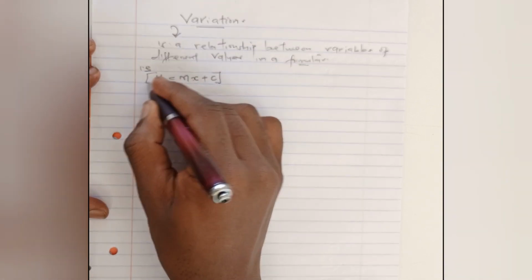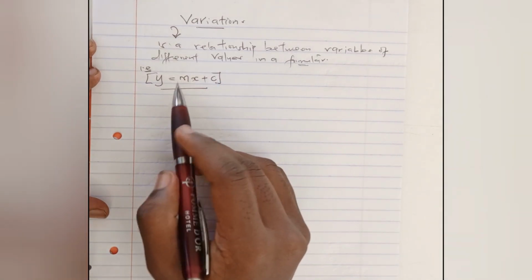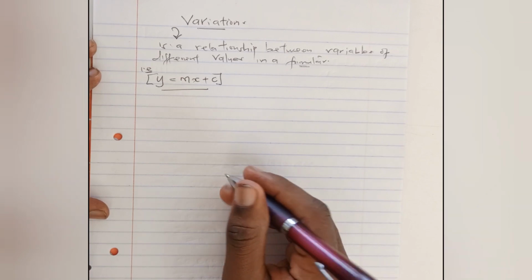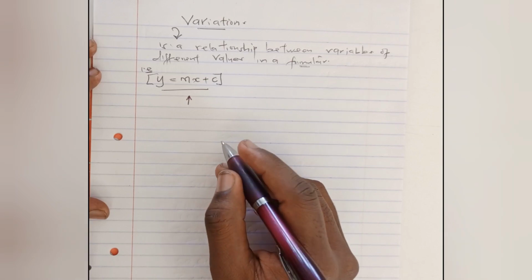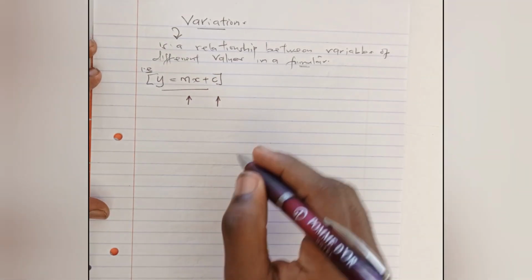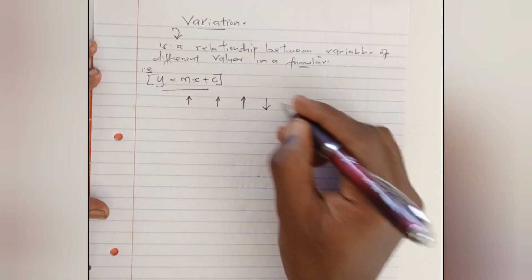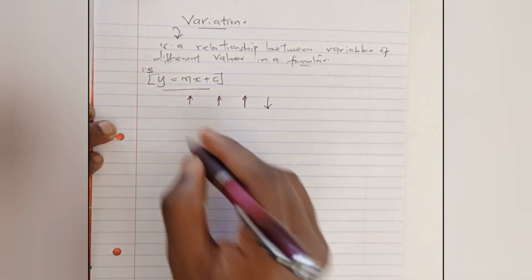In such a formula, you realize a change in the value of one alters the other variables present in that formula. We're going to see that you have variables that, if they increase, cause an increase in other variables. We're also going to see other variables that, when they increase, result in a decrease in other variables. So in mathematics, there are 4 types of variations.